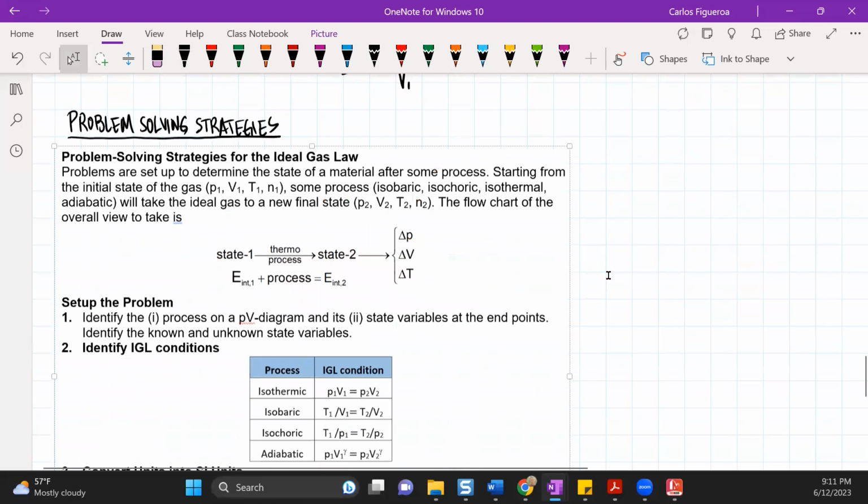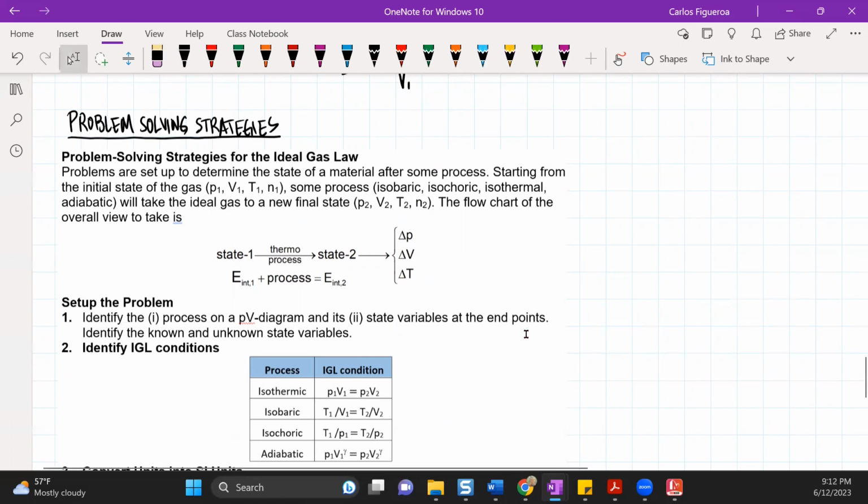So what you're going to see here is that you want to determine the state of the material by looking at the ideal gas law and the internal energy. It's the internal energy that sets everything. So for the initial state of the gas, there's pressure, volume, temperature, and mole number. But remember what I said about mole number. It's non-existent effectively. Most problems are closed. There are some exceptions, but not that many.